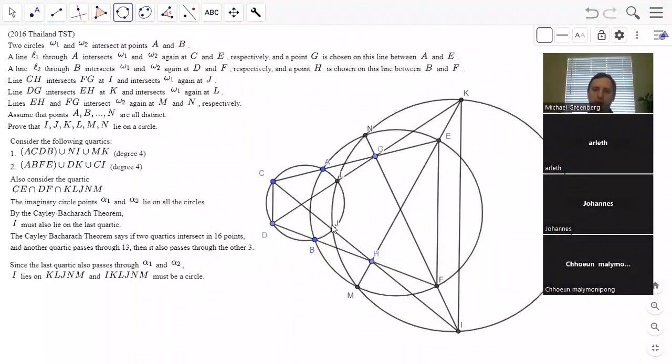So we want to show angle NIJ is 180 minus NLJ or something like that. So NIJ is GIJ.